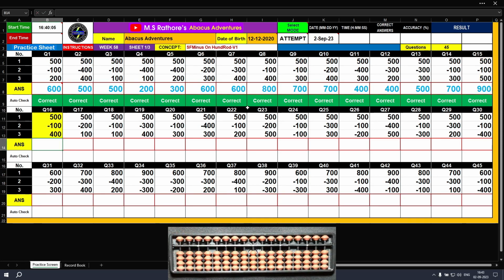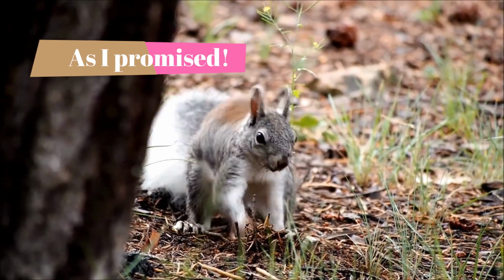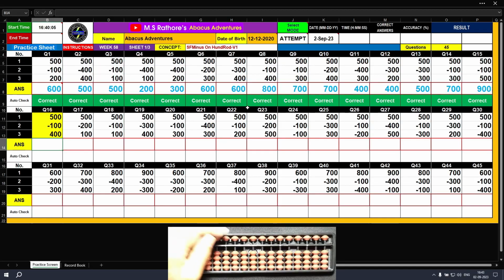So from here on, we will solve only a few questions. Solving question number 16 now. Plus 500, minus 100, plus 400, the answer is 800.